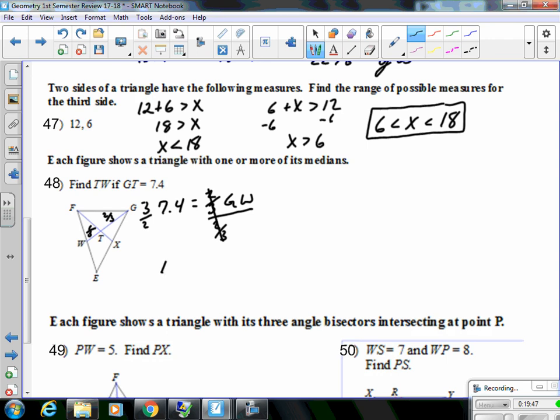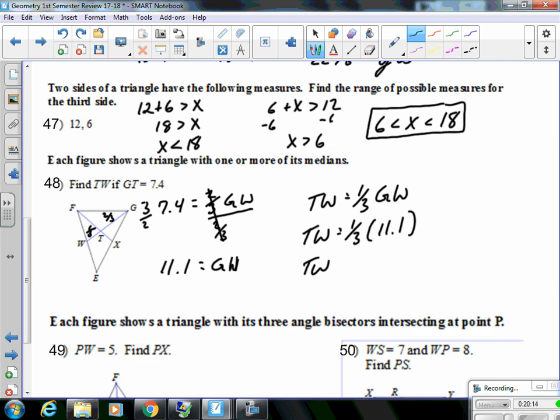It's going to be 11.1. That's going to be equal to GW, and TW is going to equal 1/3 of GW, or TW equals 1/3 of 11.1, which is going to be 3.7.